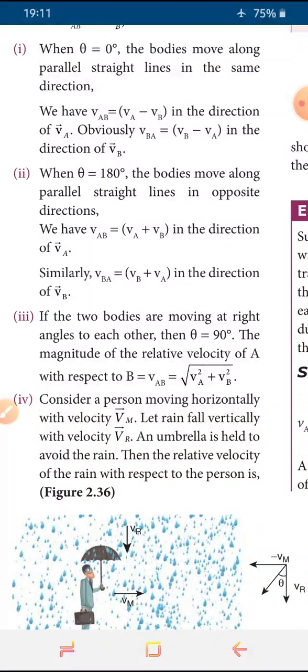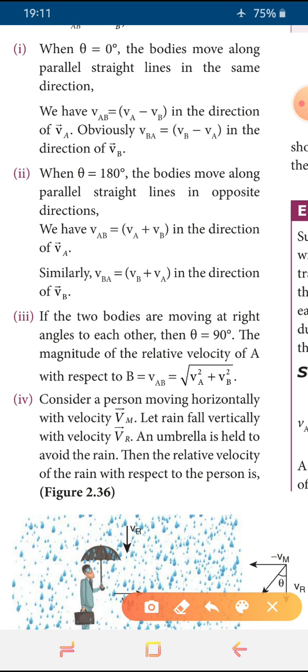Suppose theta is 0 degree, it means the bodies are moving along parallel lines in the same direction. So we have vab is equal to va minus vb in the direction of the va vector, and also vba is equal to vb minus va in the direction of the vb vector.